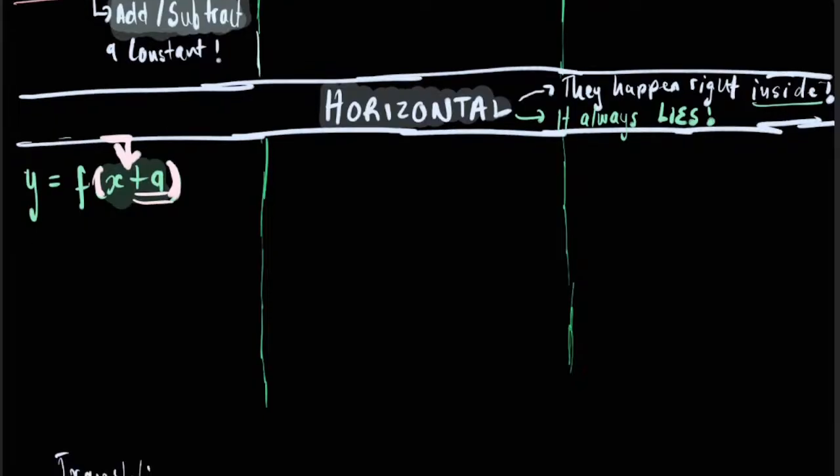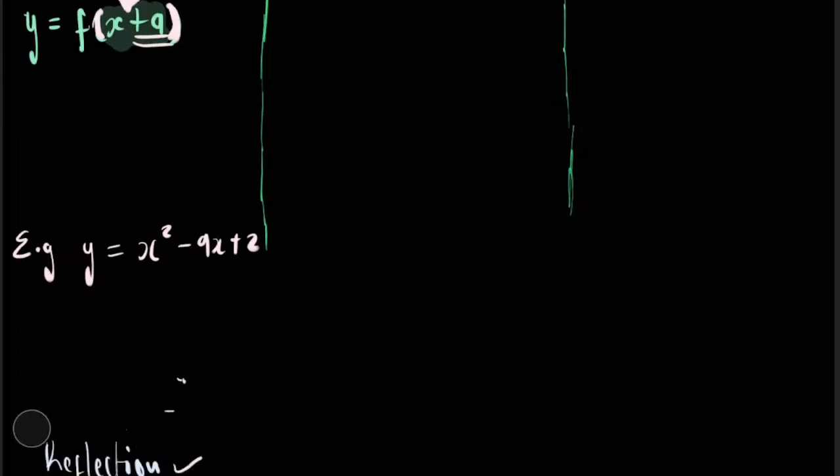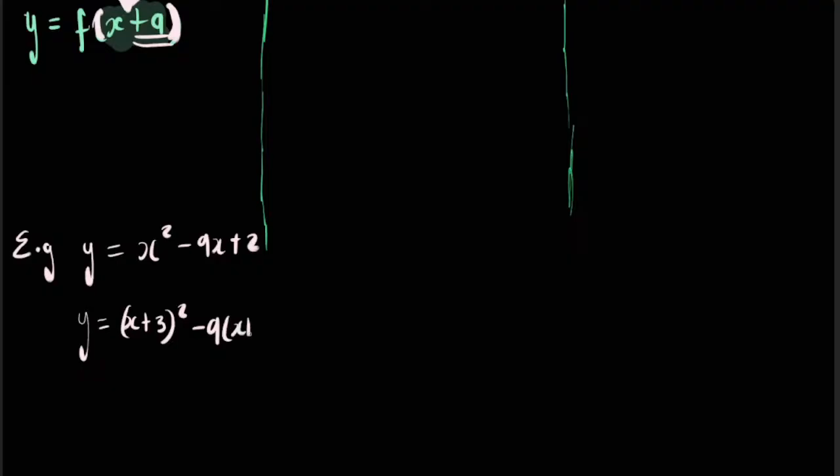So let's put an example, leave some space. For example, if you have y is equal to x squared minus 9x plus 2. If you now have a new function which says y is equal to x plus 3 squared minus 9 of x plus 3 plus 2, look at this.